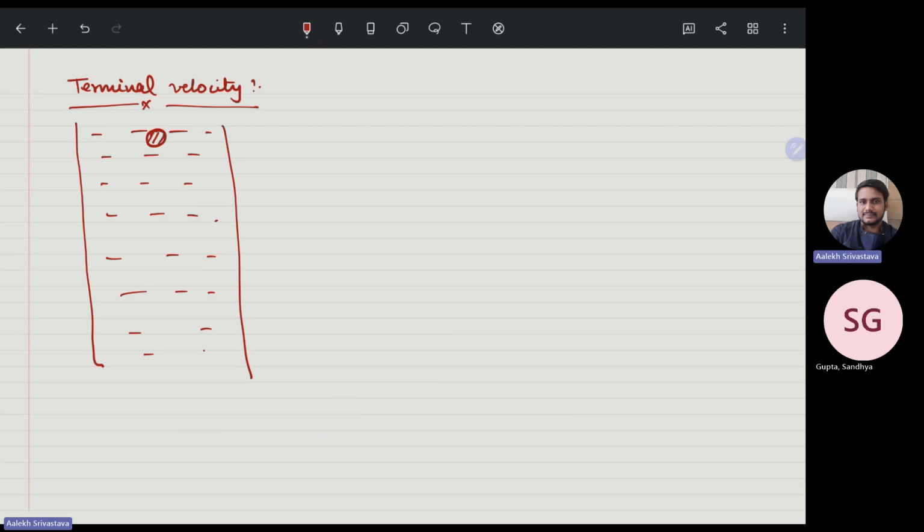Now what happens is, when you drop a ball, the velocity will increase, because initially it is zero velocity, then the velocity will increase. Suppose this is the z direction: when z increases, velocity increases, that means your drag will increase.